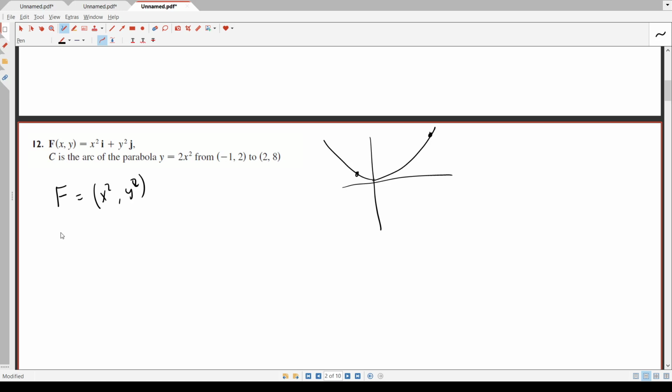Let me assume for a second that this is the gradient of, let me call this little f. In the context of the notes you've seen in the class, this is P and this is Q.